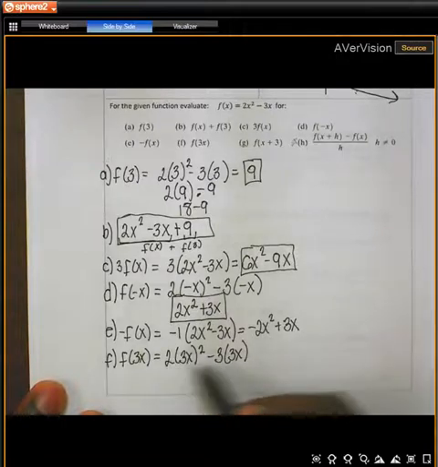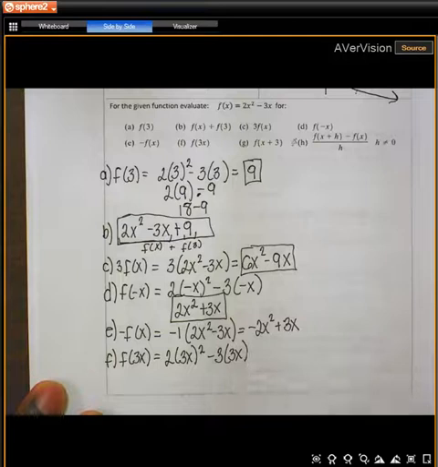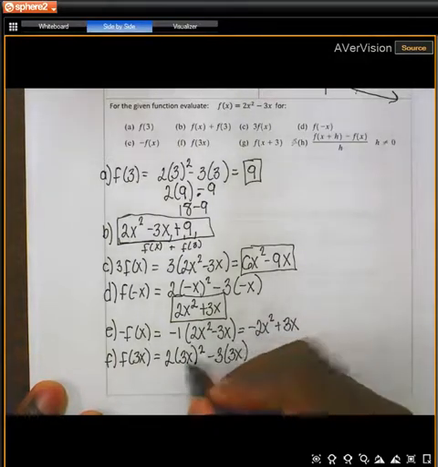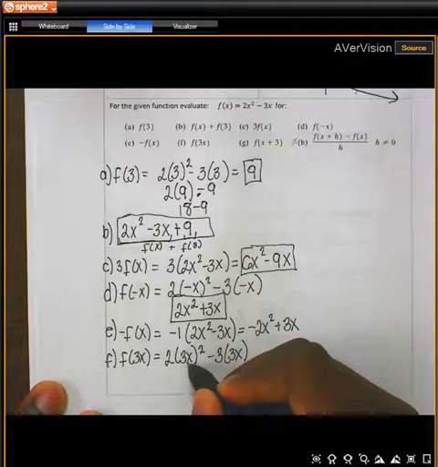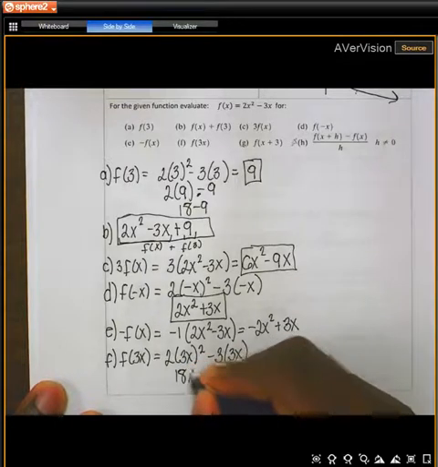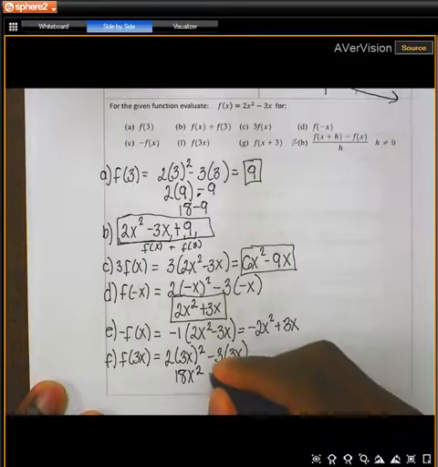What do we get here? 18x squared. Yes, because we have to square the 3x first, and that becomes 9x squared times 2 is 18. And negative 3 times 3 is negative 9.